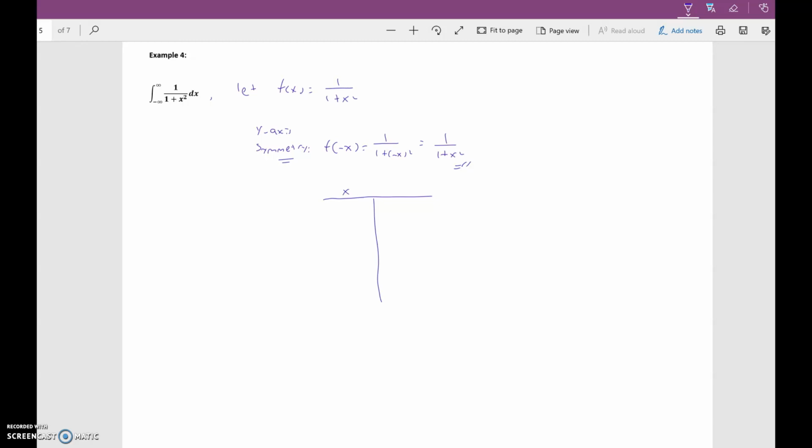These are your x's, that's going to be your y. So plug in a couple of points. We can start with 0, and at 0, you would actually find that the value is 1. So 0, 1 for the first value.